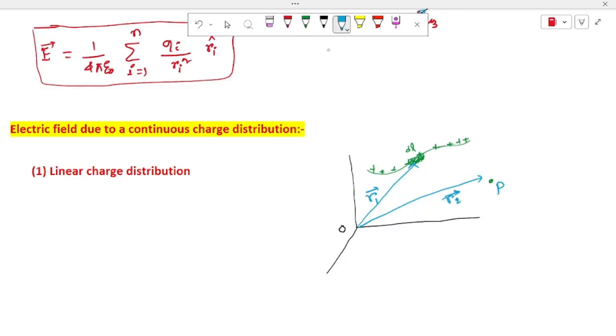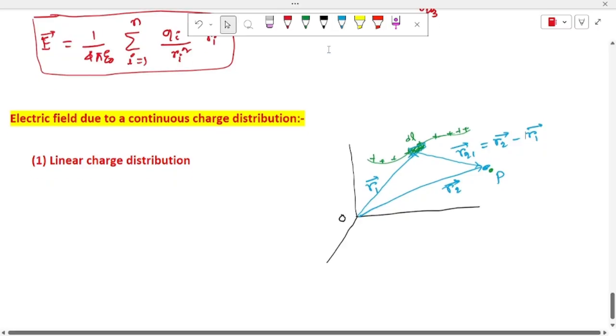So the separation between this line element and the point P is r21 vector, which is equal to r2 vector minus r1 vector.